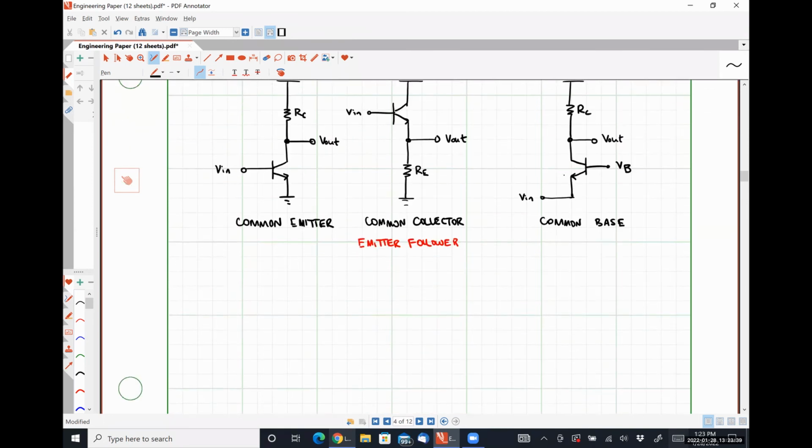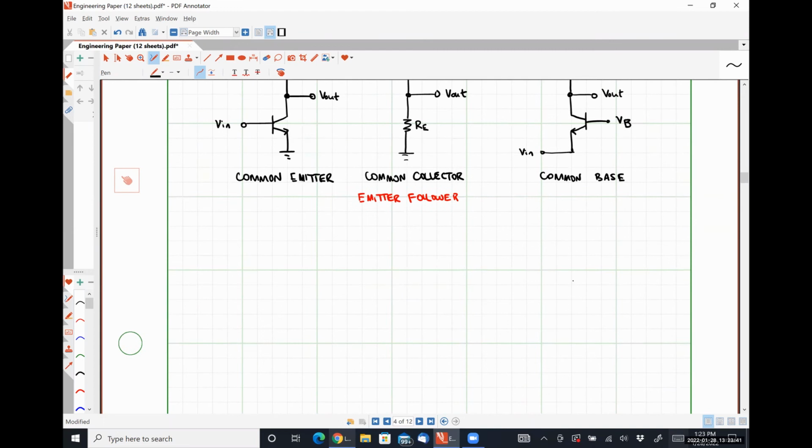So let's call this guy measuring input resistance, and I'm going to put in parentheses here impedance because I'm going to use resistance and impedance interchangeably here.